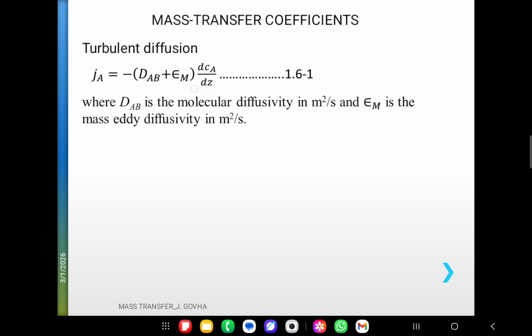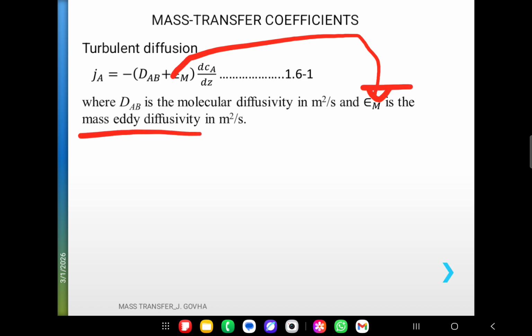And EM there is the mass eddy diffusivity.